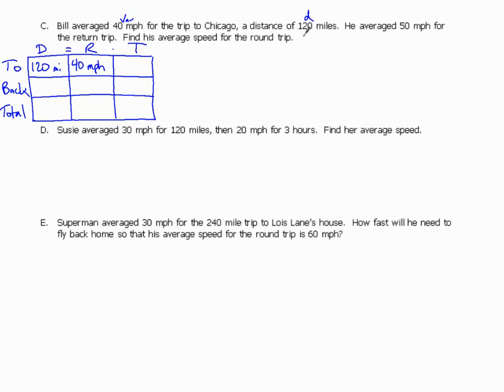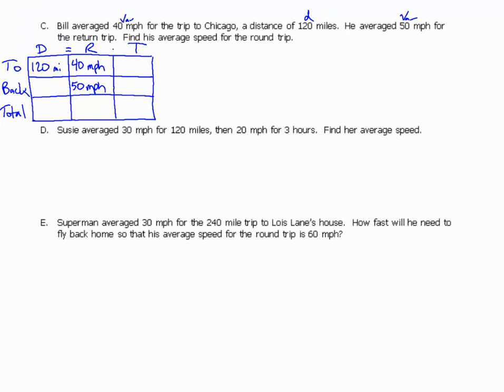Keep moving along with what we know. He averaged 50 miles per hour for the return trip. So here's our 50 miles per hour for the trip back from Chicago, the return. And this is all of the information that we have from the question itself.